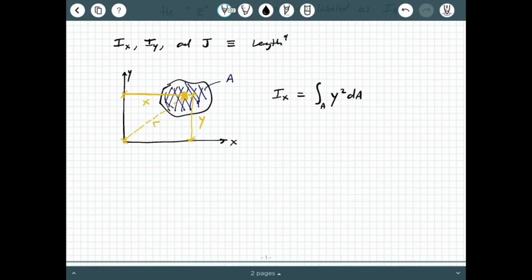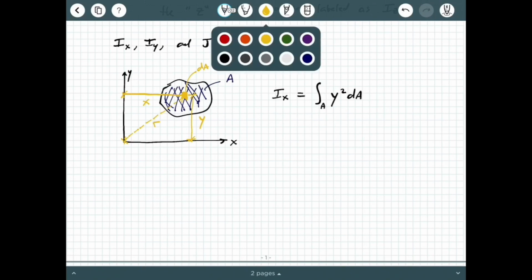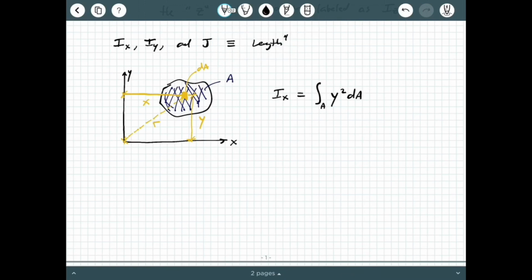One way you can think about this is if you're taking a moment of this area about this axis right here, and your perpendicular distance is y from a differential area to the x-axis. In fact, let's label this little area as dA. But in the formulation you're squaring it. That's why we sometimes call it the second area moment of inertia.